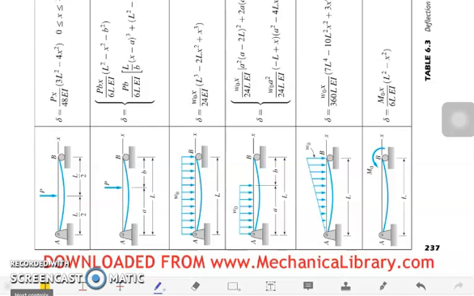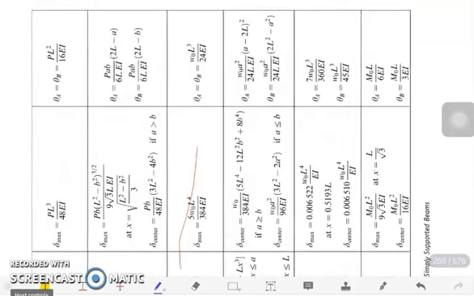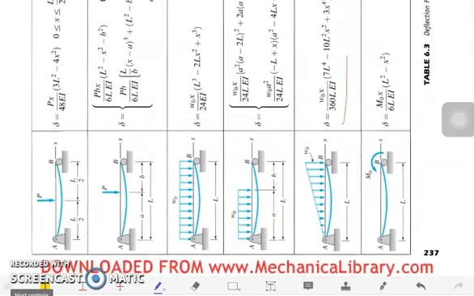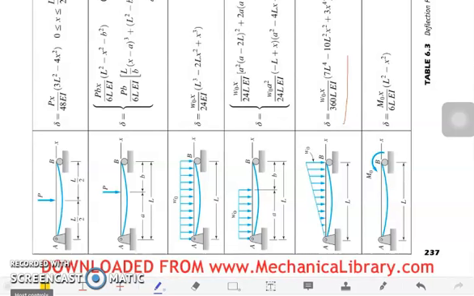The loadings are concentrated load, uniform loading, triangular loading, as well as a moment acting on the beam. We have different formulas to compute the deflection as well as the slope, depending on the load present on our simply supported beam.